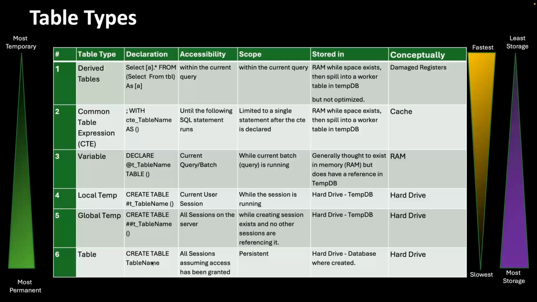And if your CTE is even that much bigger, by all means, you're going to be paging out to the hard drive. So they can become slower, but they are far less prone to it than the derived tables or our subqueries. And SQL is far more optimized to handle it from CTEs. Okay, so keep that in mind.